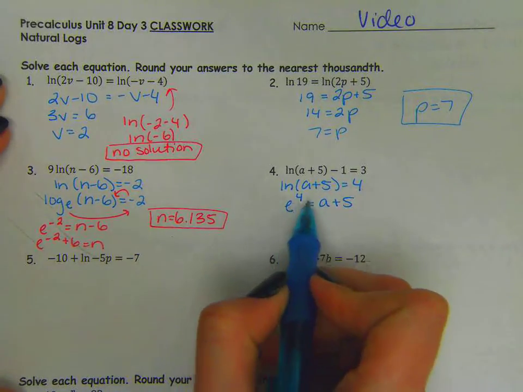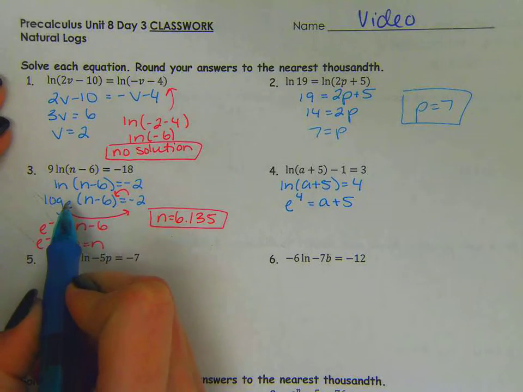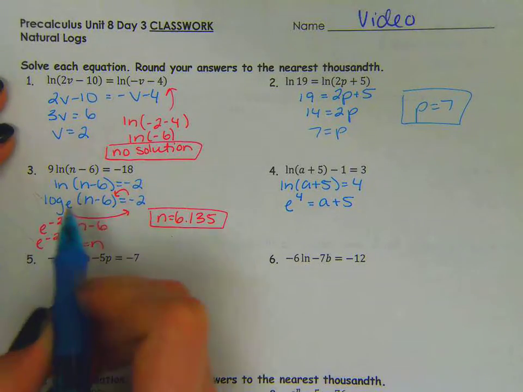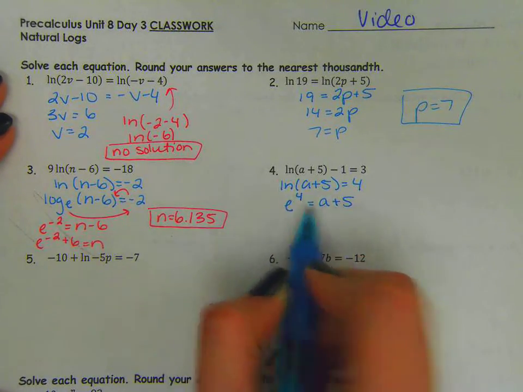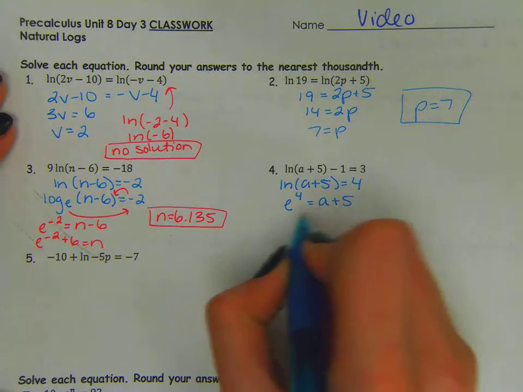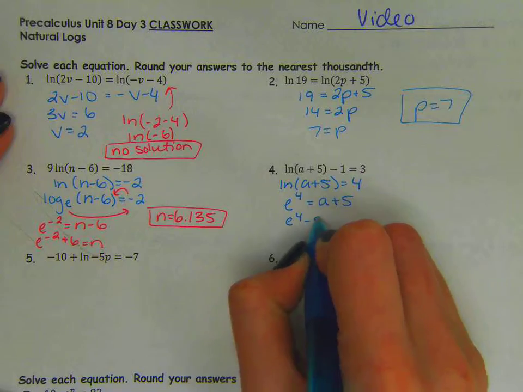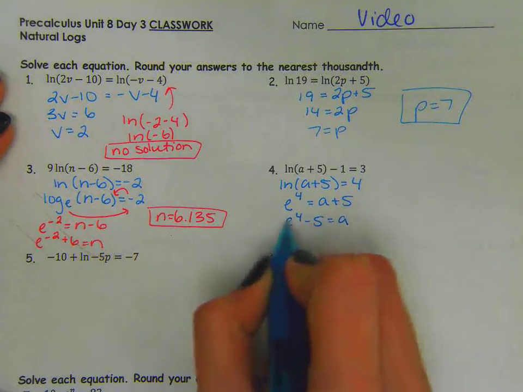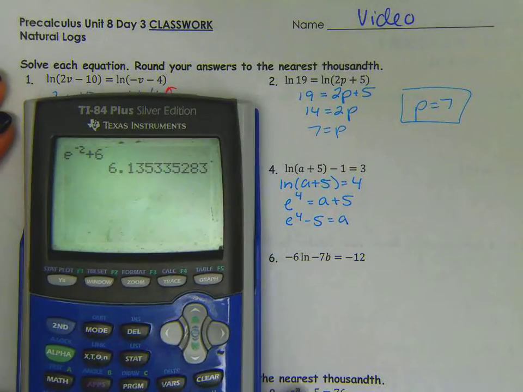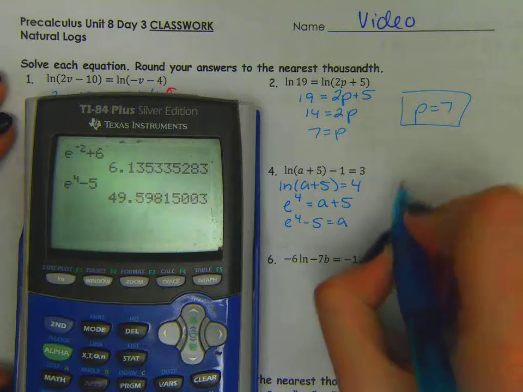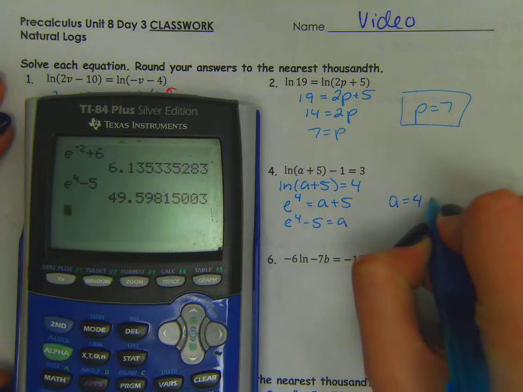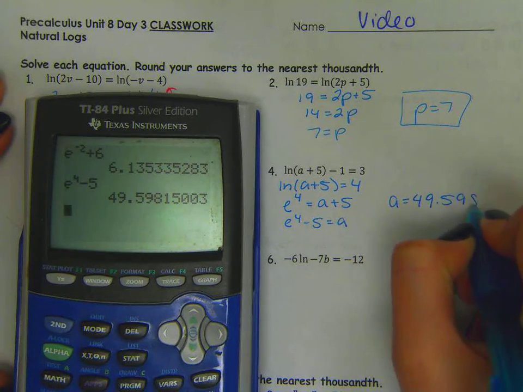And again, if you're confused as to where this comes from, it's going from logarithmic to exponential form, where the base is e. Natural log is log base e. I want to solve for a, so I'm going to subtract 5 from both sides, and this gets plugged right into the calculator, so I'll do that down here again. Second log, e to the 4th, tab out, subtract 5, we get our decimal. A equals 49.598.